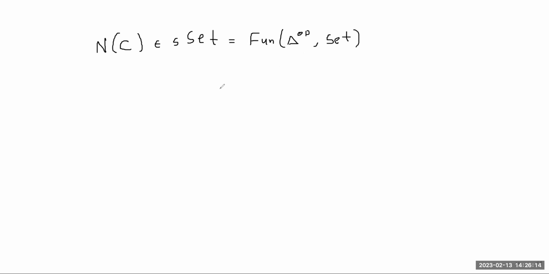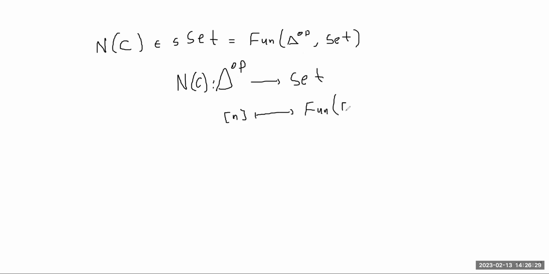So I want to describe this as a functor from delta opposite to set. For every n, I will see this as a functor from n to C. And then one can ask me, but this is not a category. But we can see this as a category, actually.